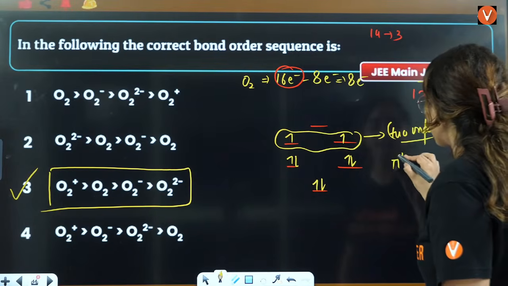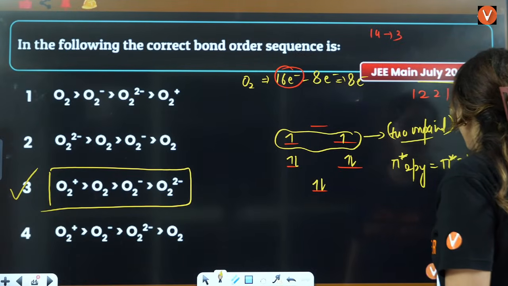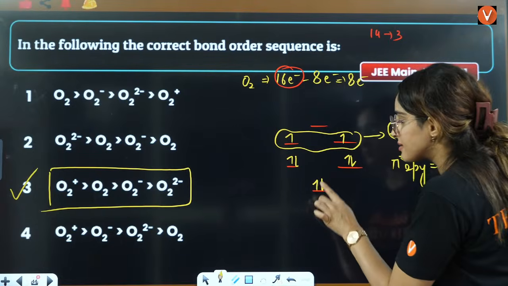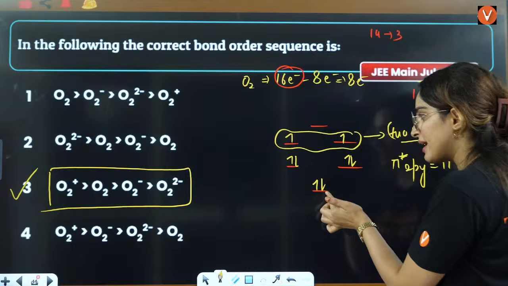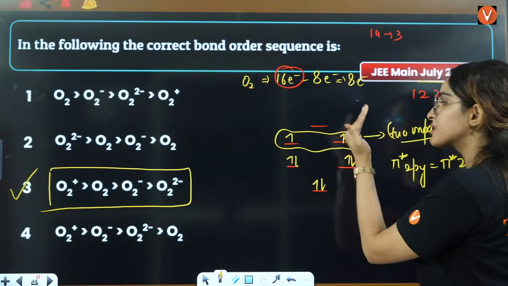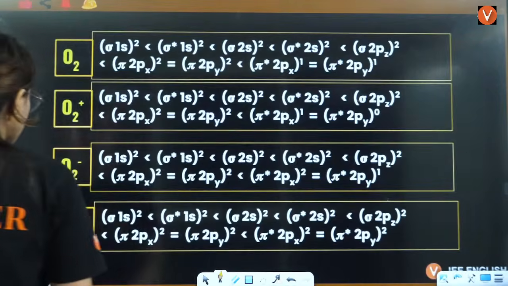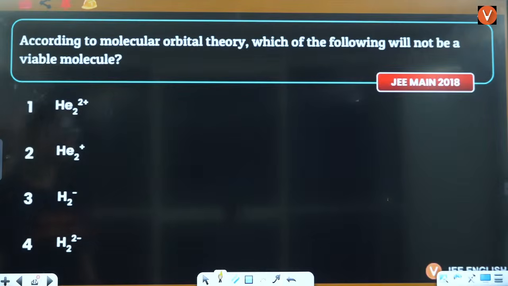This is pi star 2py and pi star 2px. This you should remember. This is sigma 2pz, this is pi 2px, pi 2py, this is pi star 2px, pi star 2py, this is sigma star 2pz. Okay, that's how you should calculate this one, right?